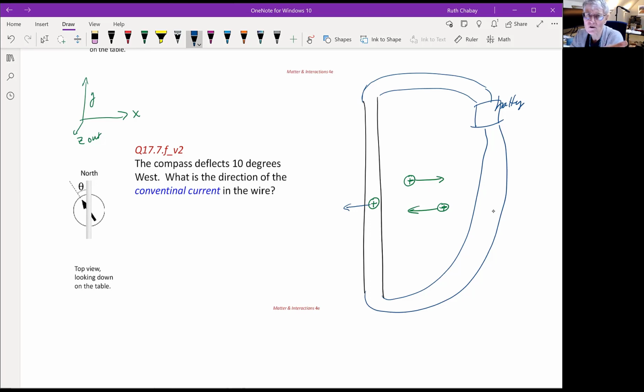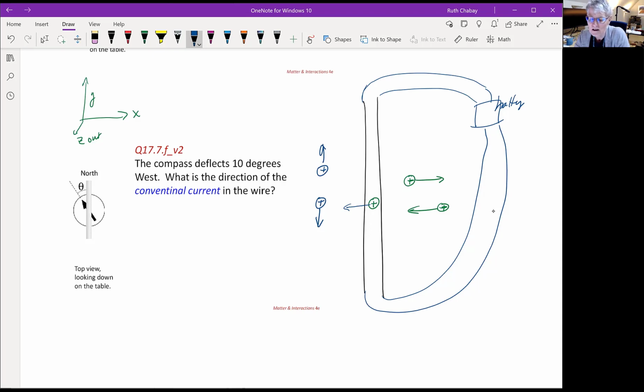It's not going to fall out of the wire. So moving charges in this wire have to be moving, and there's only two ways they can be going. They could be going up, or they could be going down, right?